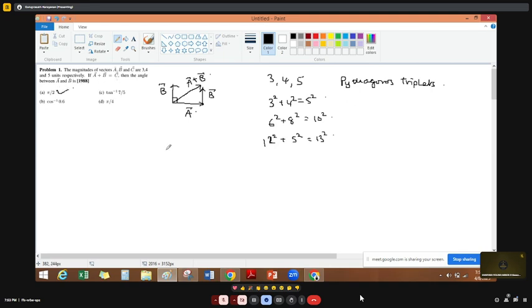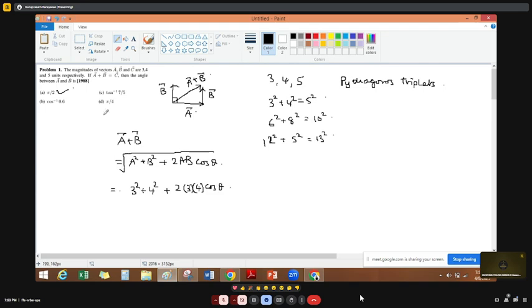Can you prove it? You can think of something like this. A plus B, A vector, B vector. How can you prove this? This will be a squared plus b squared plus 2ab cos theta, where theta is the angle between them. That means this is 3 comma 4, so 3 squared plus 4 squared plus 2 into 3 into 4 into cos theta.